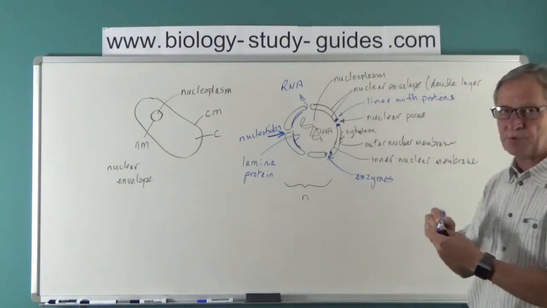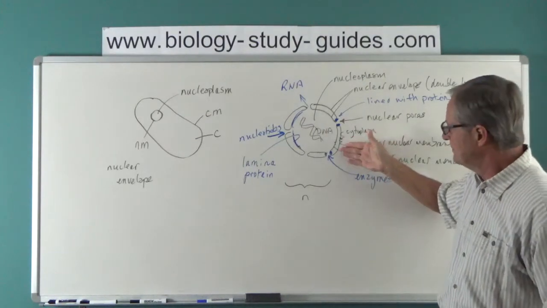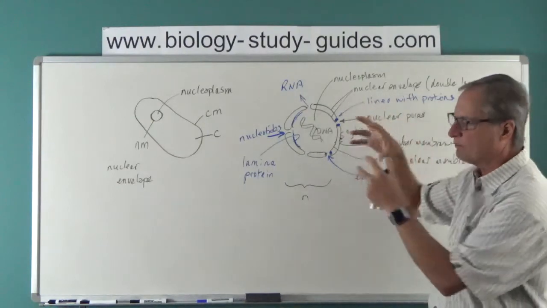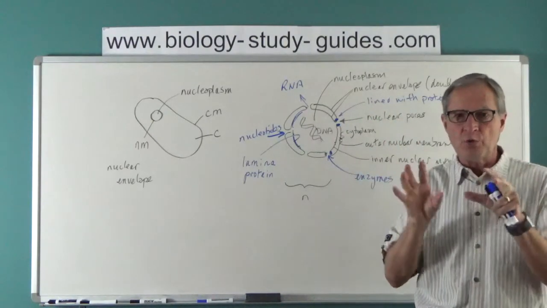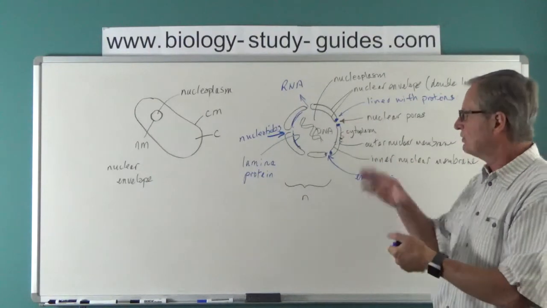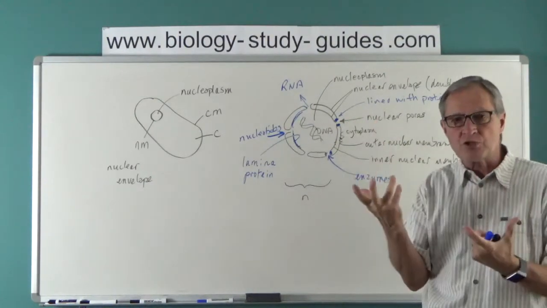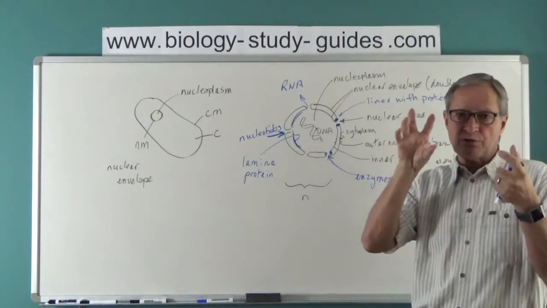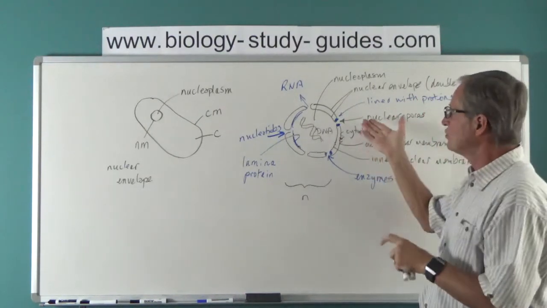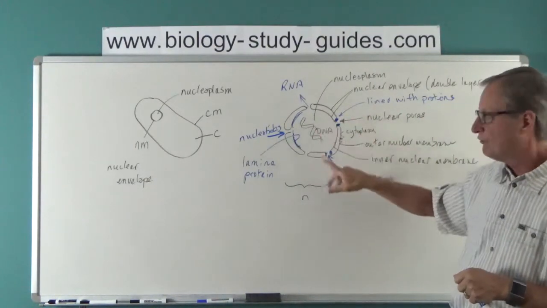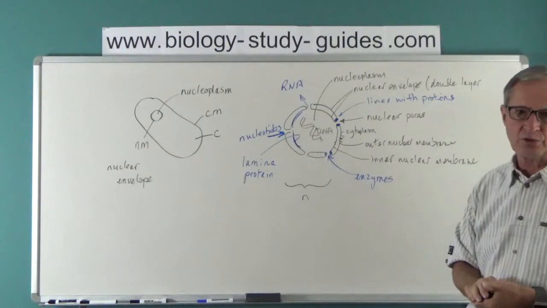That's not a big surprise either, because the membranes themselves have proteins embedded in them. What we have at the nuclear pores is clusters of proteins which surround an opening, and because the proteins have that three-dimensional shape, a certain chemical configuration and a certain set of R groups, they can control what goes in and what goes out. So they're sort of like the gatekeepers for the materials that go in and out of the nucleus.